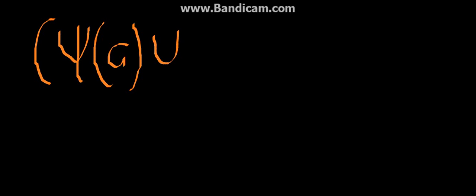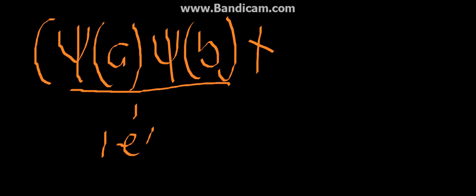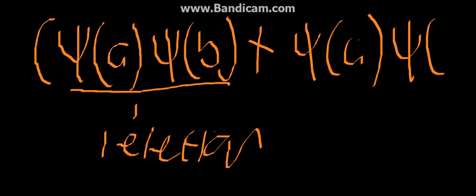The equation for spin-spin interaction is your wave equation times A times your wave equation times B, plus, and this is for 2 electrons. It gets very long if you have more electrons, because this here is 1 electron, plus here's your other electron. So this is a 2 electron thing.